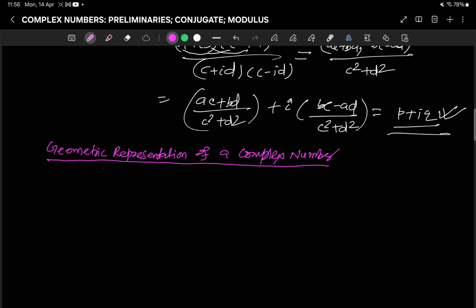Argonne diagram. Argonne diagram. Argand.